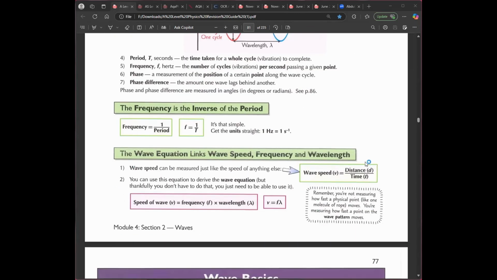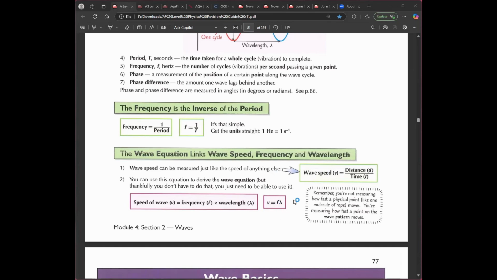So this is wavelength over period, and as we know that period and frequency are the inverse of each other, you can replace period by frequency, and then we come to this formula, which is v equals f lambda. So again, this formula is just derived from the simplest formula for speed, and now you know how it is done.